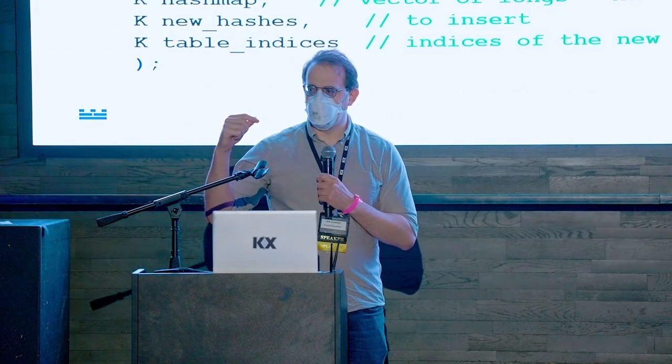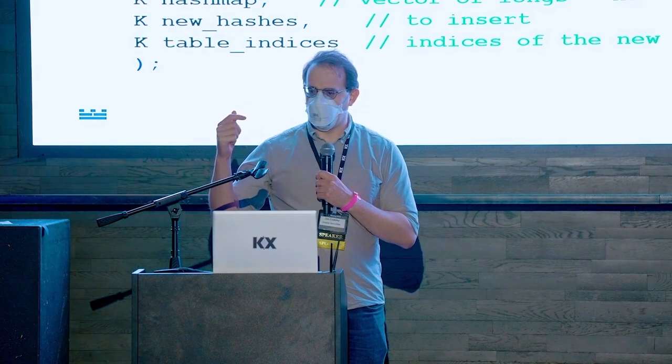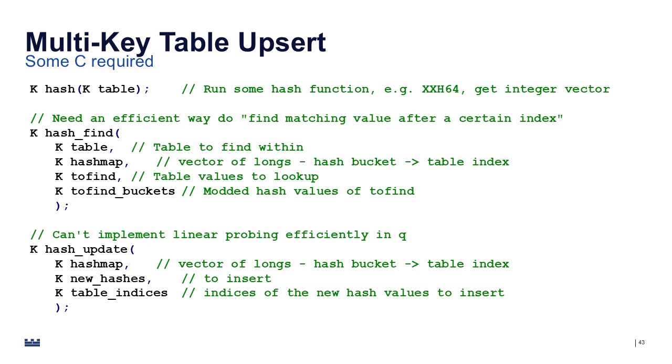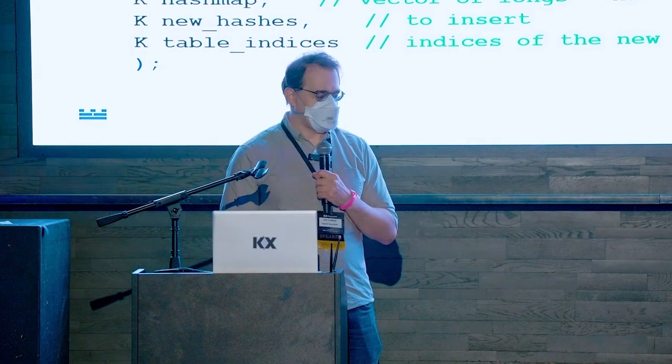That's actually quite difficult to do in pure vector Q. I'm laying this down as a challenge. If anybody can think of a way to do that in pure Q, please come talk to me afterwards. It sounds like it'd be fun. But for now, these are the C functions that we implemented to get this done. And as you can see, it works pretty well based on the previous slide.